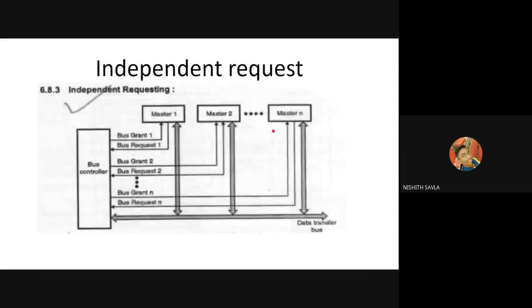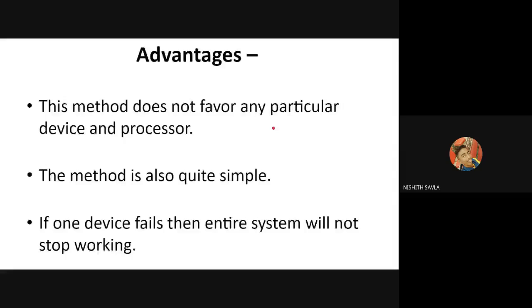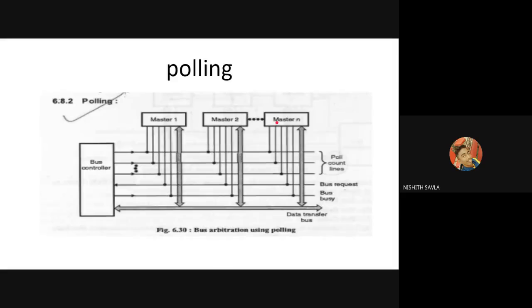Ma'am, but what if only one poll count line is given? Now see, if there's only one poll line, it might happen that the address which is generated by this particular poll count never matches. Whatever goes for the bus controller with the bus controller line, the same goes for the master with the poll count line. Why am I connecting this to everything?